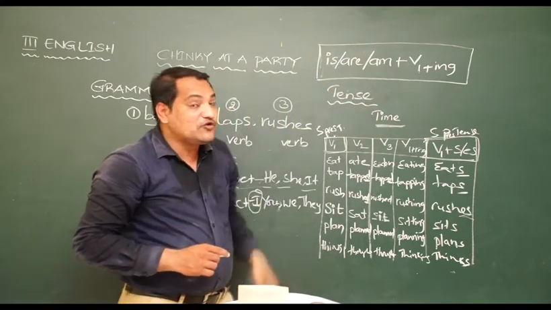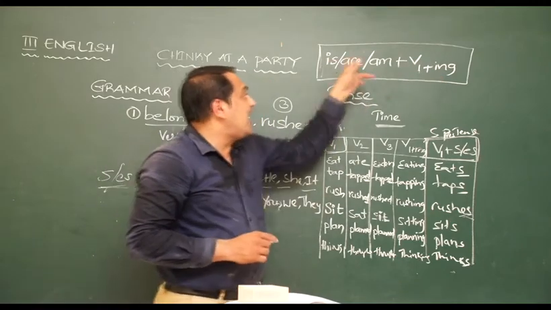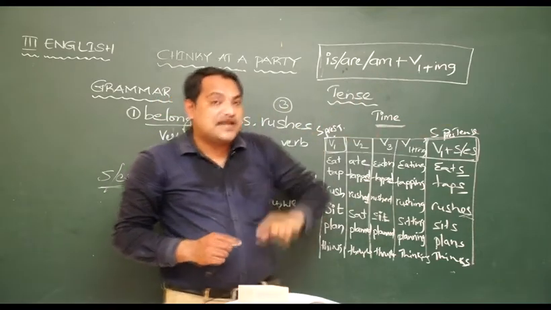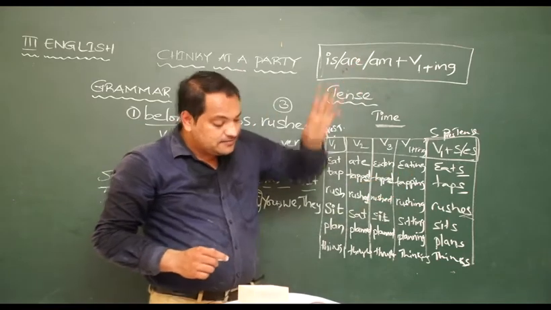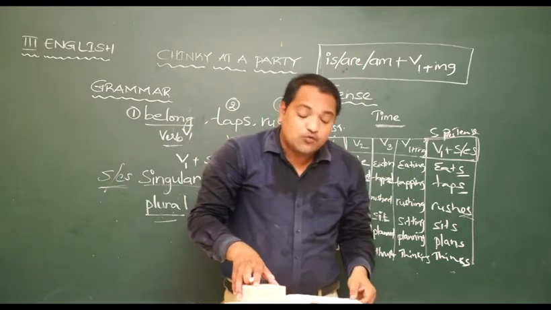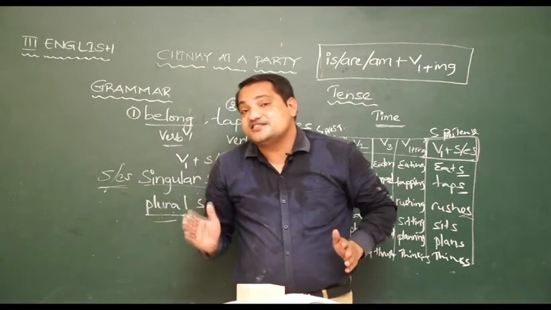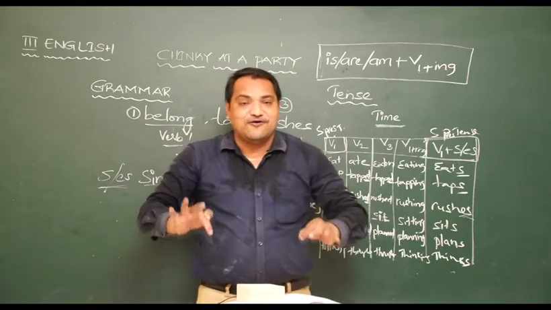Now I'll give you one more example. We are learning. So is, am, are plus V1 plus ing is called present continuous tense. What is present continuous tense? Present continuous tense tells about actions that are happening right now.